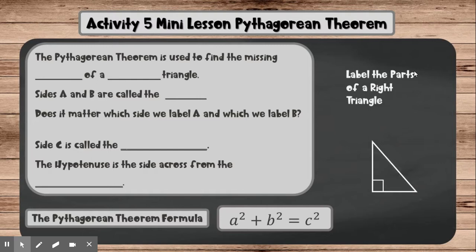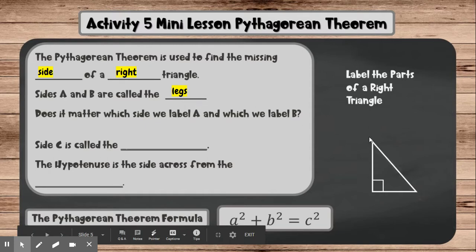Now, the Pythagorean theorem is used to find the missing side of a right triangle. This doesn't work with any triangle. It has to be a right triangle. You have to see that square, or see this angle being 90 degrees. Sides A and B are called the legs.